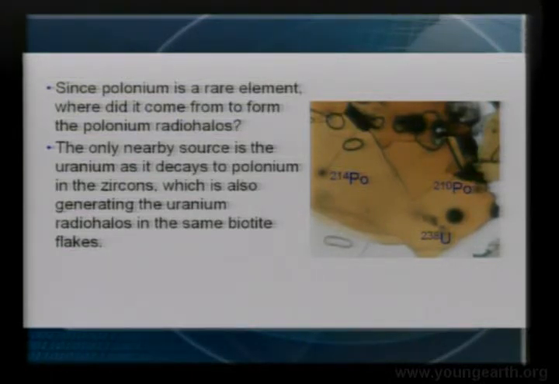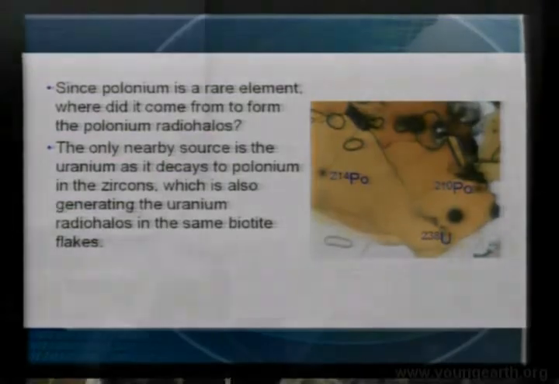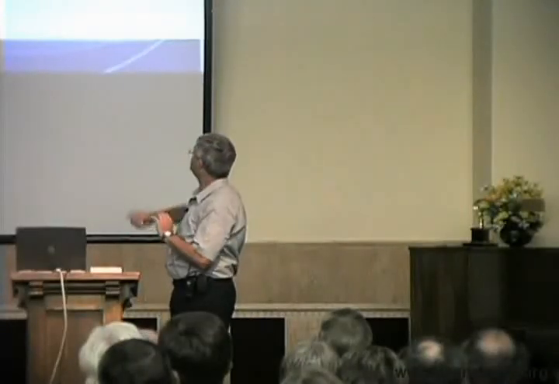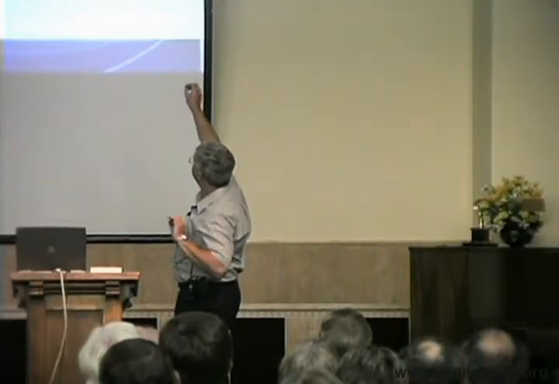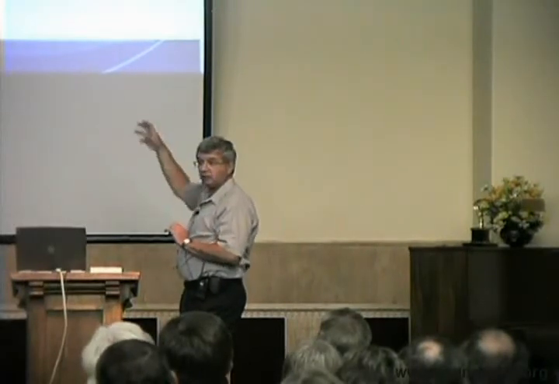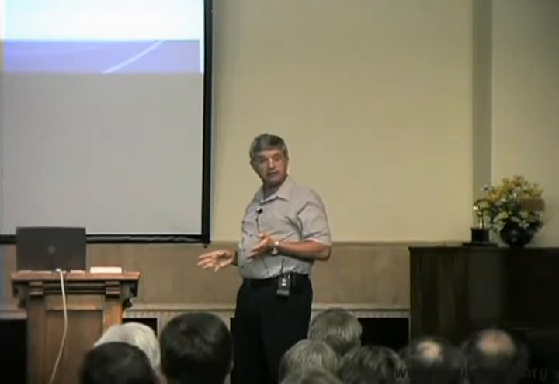So it's quite logical. The uranium is going to decay down to polonium before it gets to lead. What if some of that polonium was siphoned off or transported away from the zircon crystal to another location in the same biotite flake, where it concentrated and then produced the polonium radiohalo? That makes a lot of sense. That's why they're in the same biotite flakes.